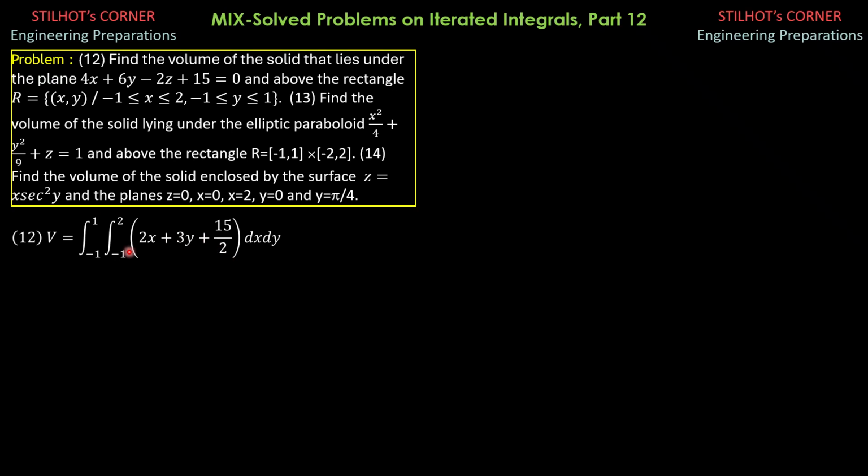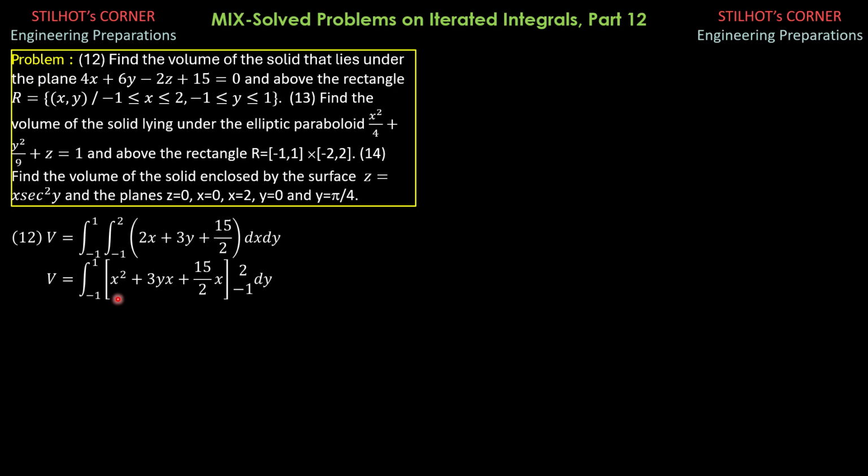So we have volume equals the integral from negative 1 to 2. The integral of this is x squared, then plus 3yx plus 15 halves of x, from negative 1 to 2, times dy.